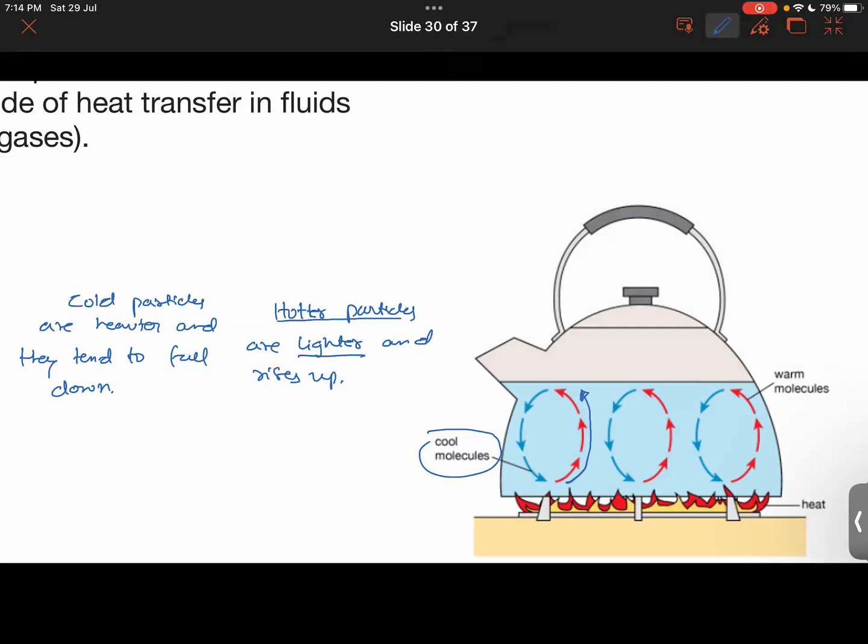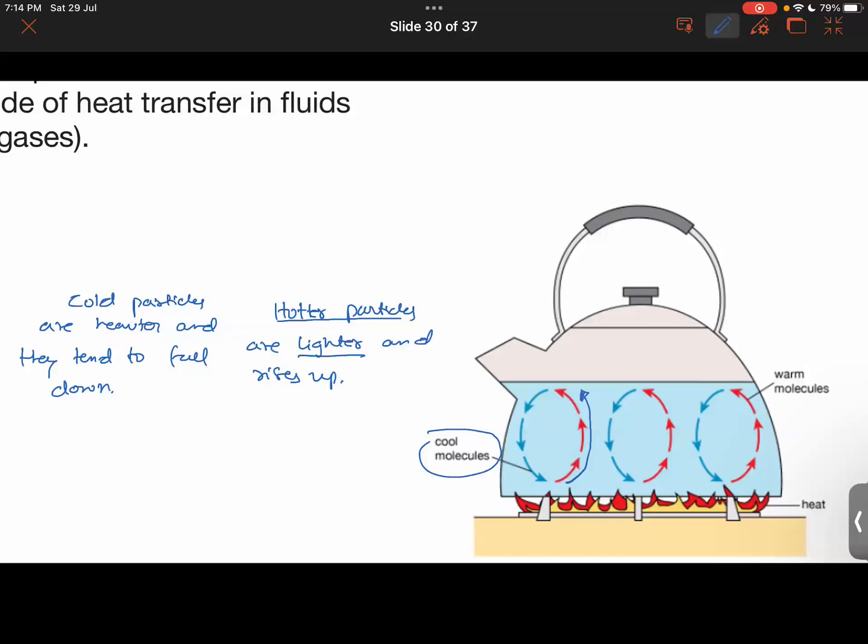Then after this whole process, the bubbles come and show up at the surface. When all the regions of this water are equally warmed, they have reached the same temperature.